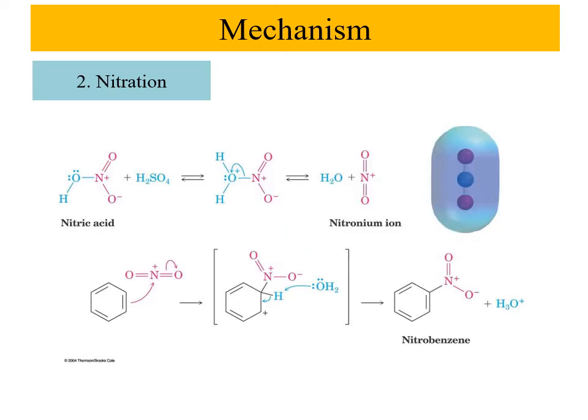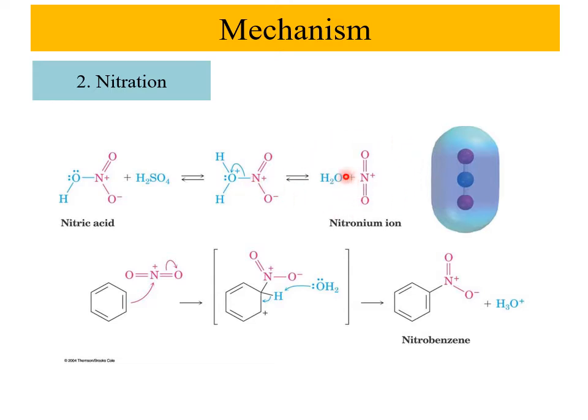For the mechanism of the nitration reaction of benzene, the nitric acid accepts a proton from the sulfuric acid and then dissociates to form nitronium ion.